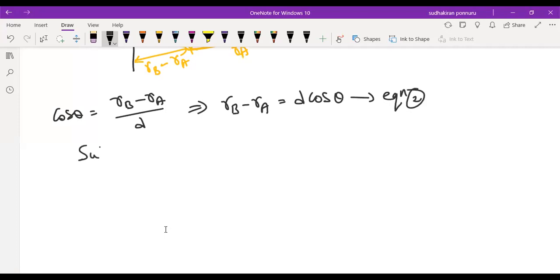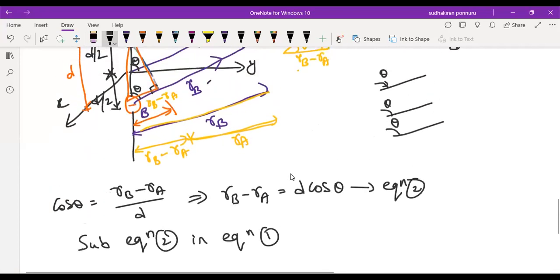So substituting equation 2 in equation 1.